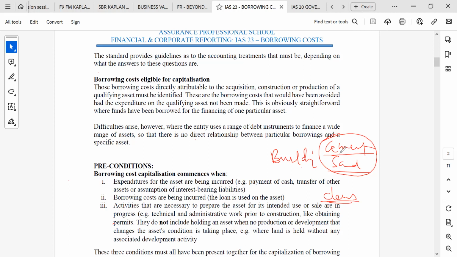So that the activities necessary to get the asset ready for its use are in place, or they have actually started the construction of the asset. Everything is ongoing, and in a short time, the asset will be ready for use. That is what they mean.